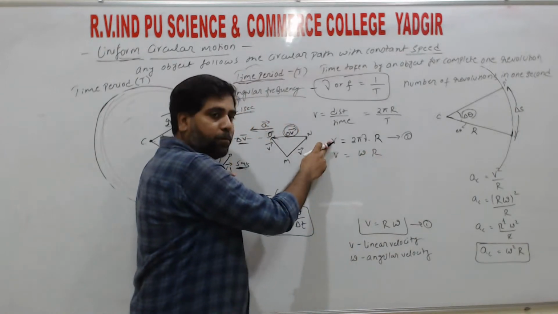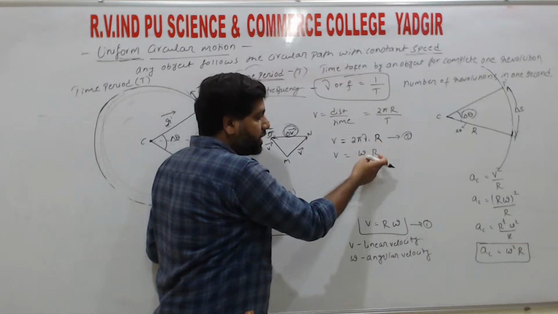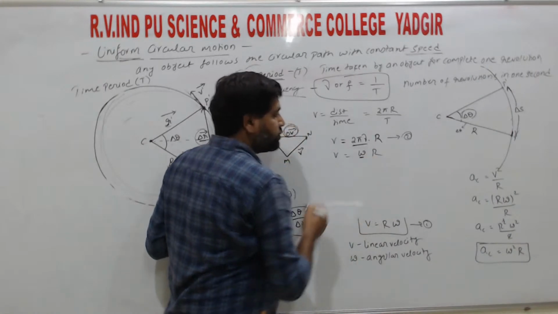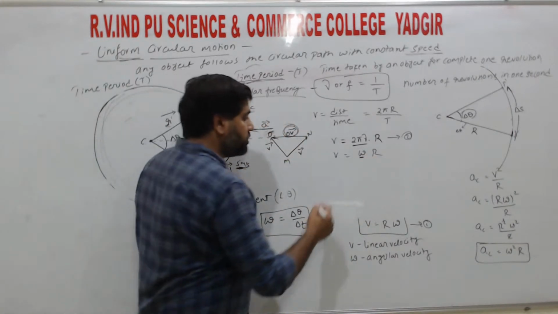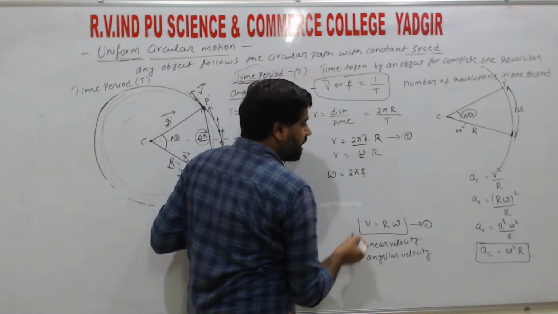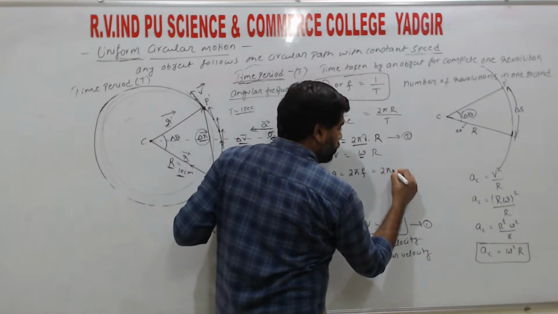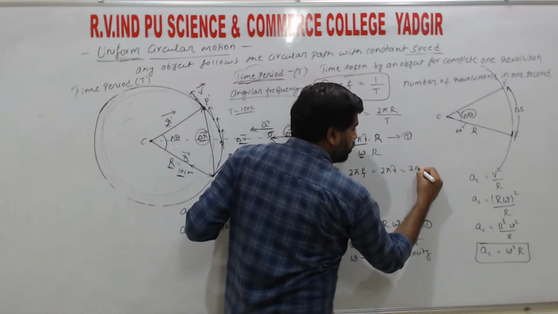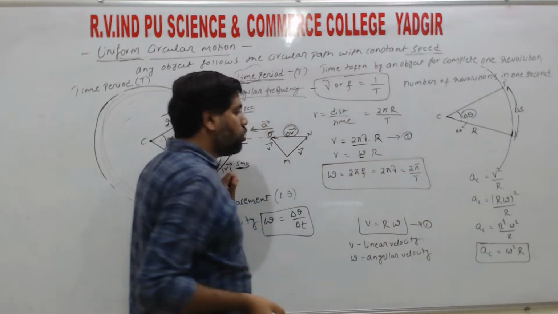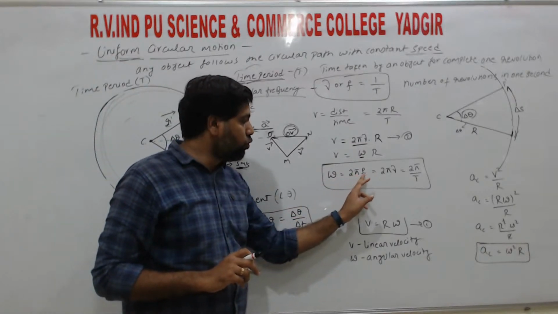In the LHS we get v, and in the RHS we get the radius, so 2 pi nu is replaced by omega. From this, angular velocity omega is equal to 2 pi f or 2 pi nu, that is equal to 2 pi divided by T. This is one more relation, right?